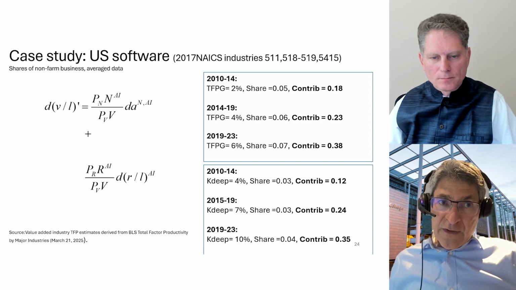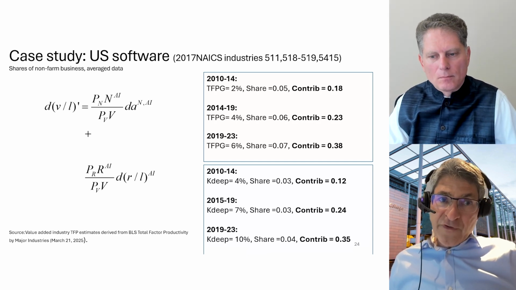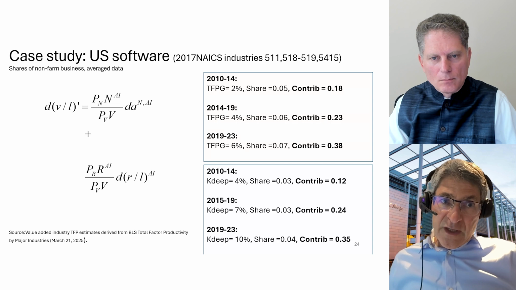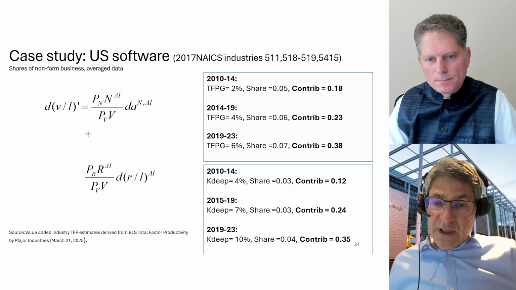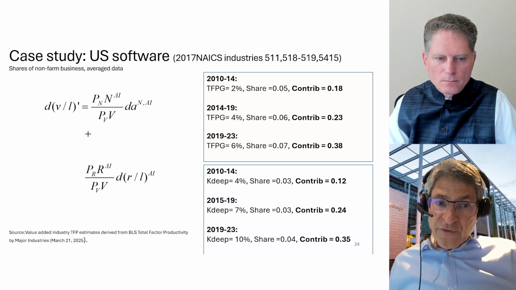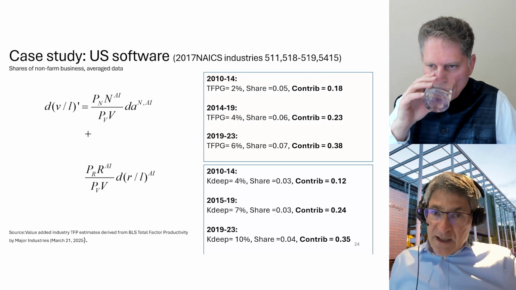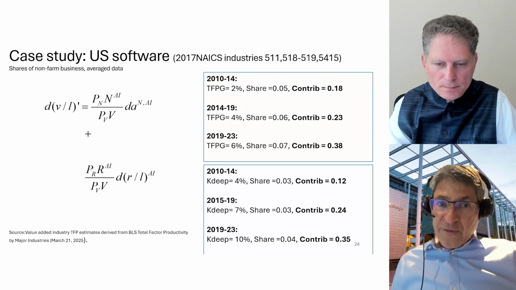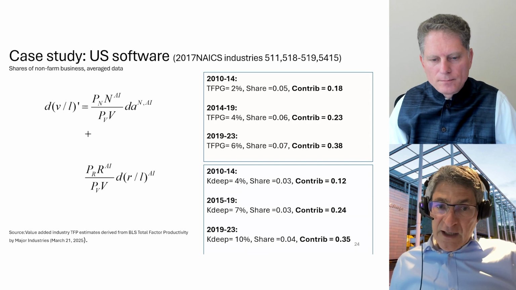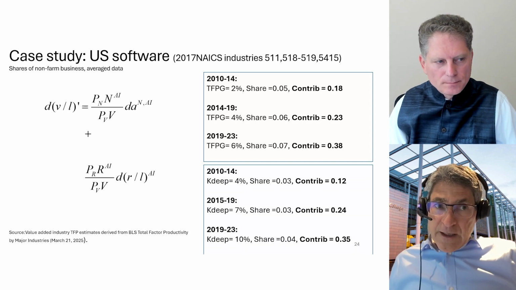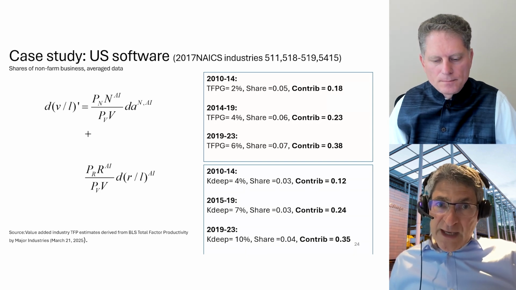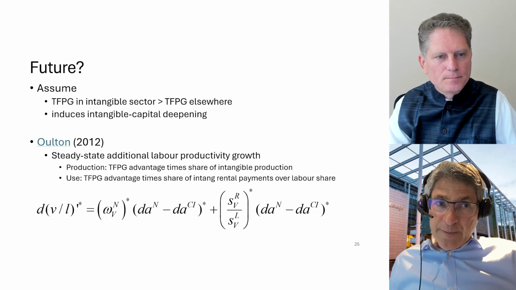So almost 0.4% from the production effect, that's the top box, and again almost 4% from the diffusion effect, that's the bottom box as well. So that says, I think, that it looks like there are possibly quite powerful effects of AI already. Now, what we do in the paper is we then ask about the future.